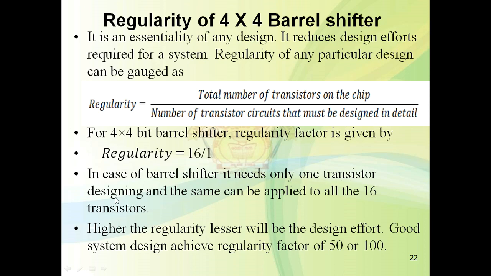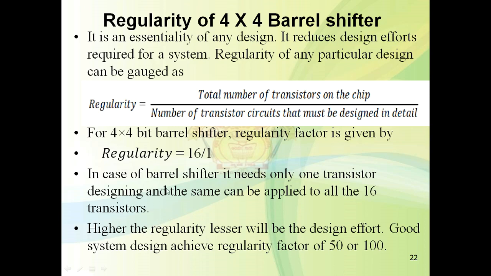We have to design that only one time, and the same transistor we have to use repeatedly. So we are going to design a transistor first, and that transistor will be repeatedly used. The same can be applied for all 16 transistors, not necessary to design once again.